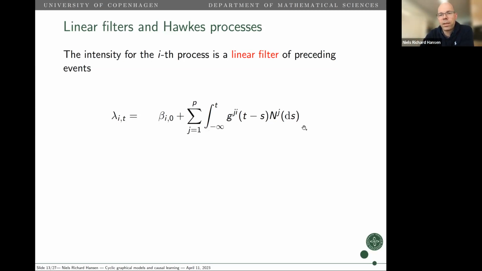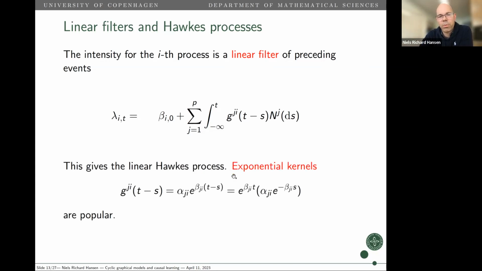And then there is an integration term here, where we look at all the events that have happened for the J coordinates back in time. And then there's this kernel function that typically decays over time, integrating up all the events that have happened. And then I sum over all the different neurons in my data. So this is known as the linear Hawkes process.